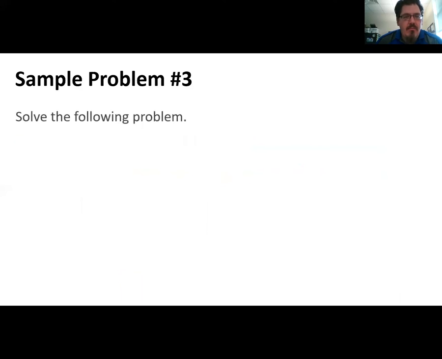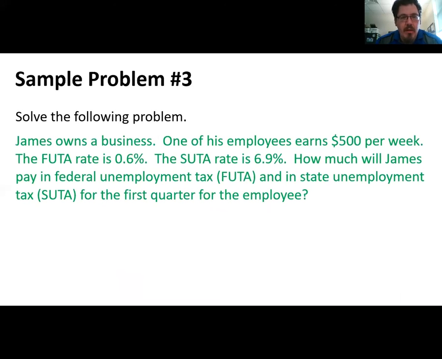All right, let's look at one more example. And again, we're going to shift gears one more time. If you are a business owner, one of the things that you have to do as a business owner is you have to pay what's called an unemployment tax, okay? And there are 2 of those. There's one at the federal level, so the federal unemployment tax, which is referred to as FUTA, F-U-T-A, and then there's state unemployment tax, SUTA, S-U-T-A, all right?